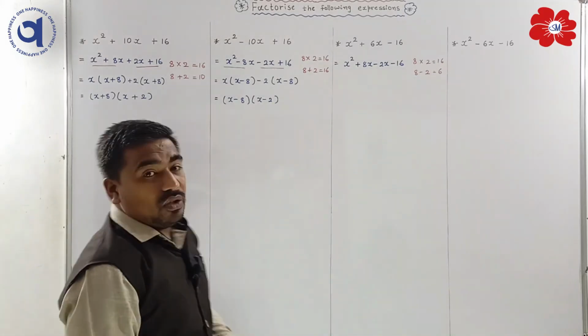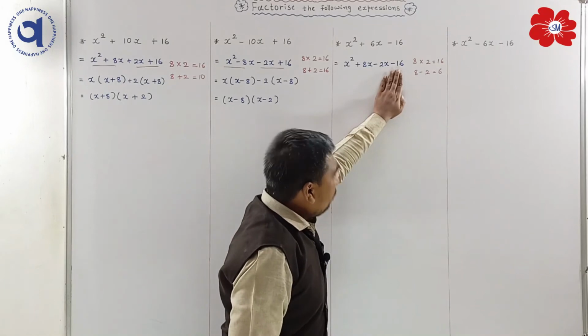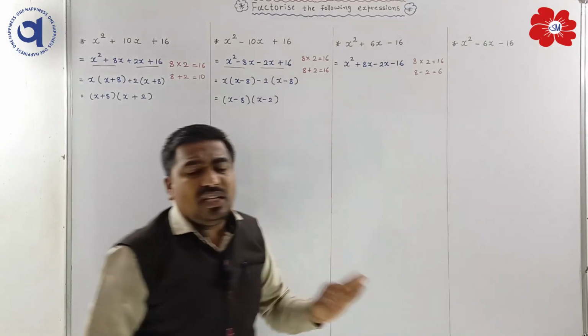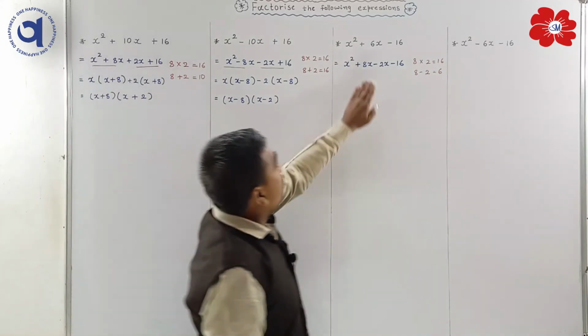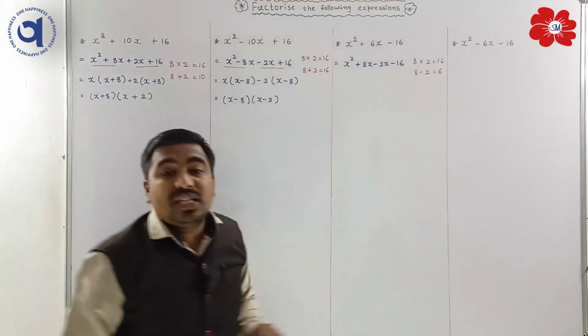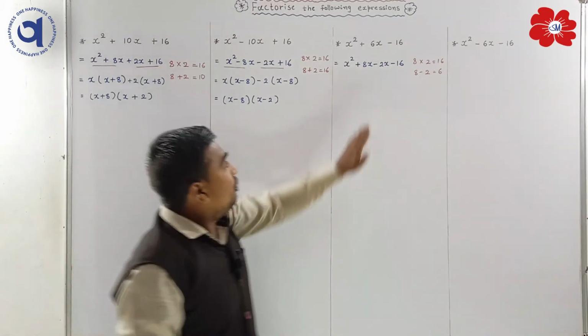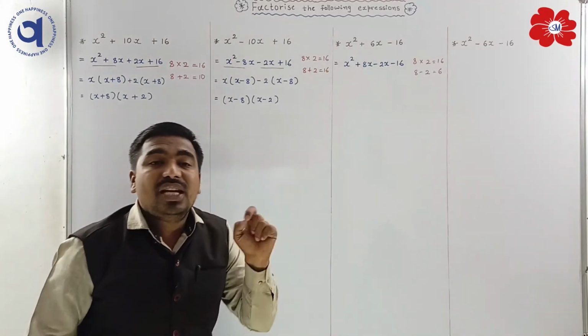How can we write it? x square plus 8x minus 2x minus 16. Look here. We have to keep in mind, when we have a minus sign in the last term, the first sign is as it is and the second sign will be changed.